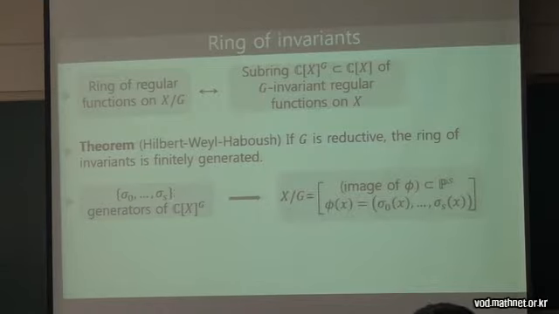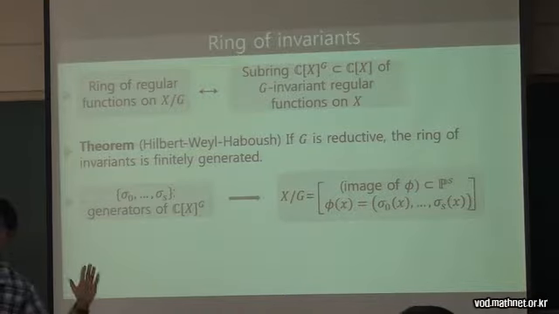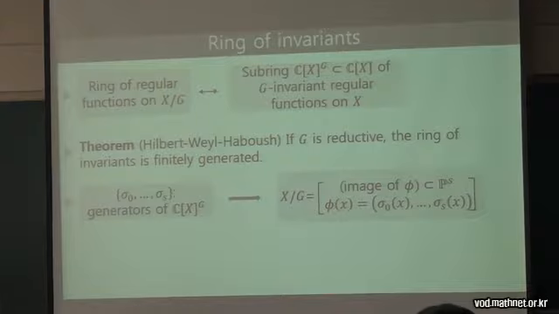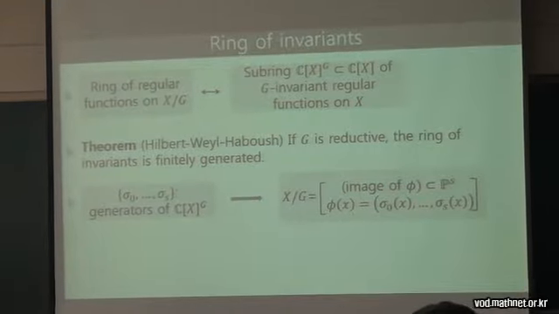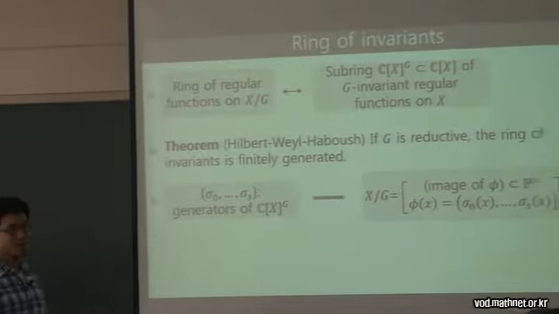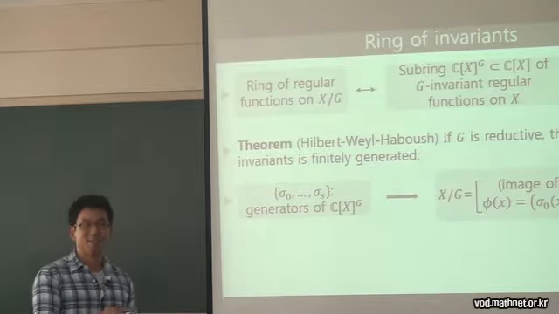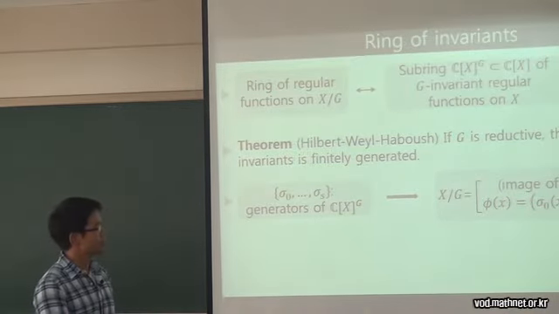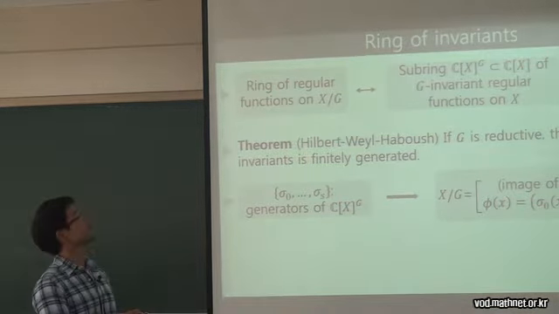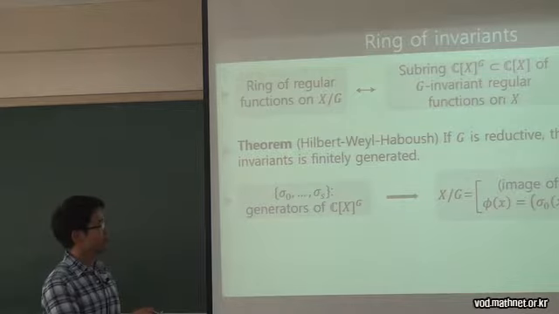Then what you do is, the quotient space is going to be the image of this map. So these are very loosely formulated words, but it's basically true. If you choose the generators of the ring of invariants, then the quotient space is going to be the image.